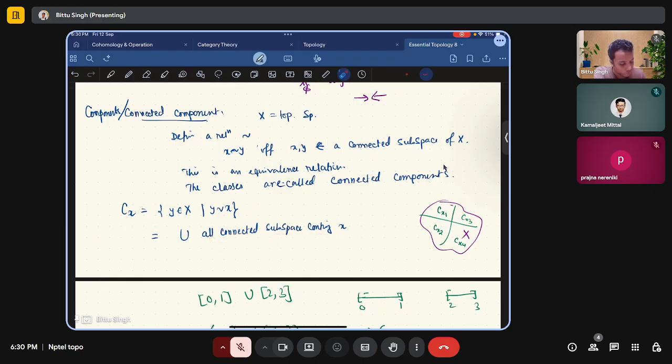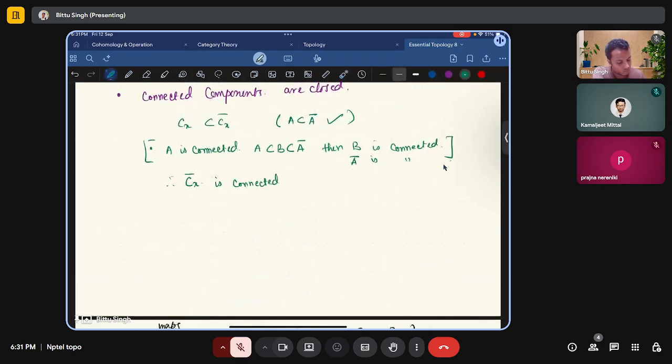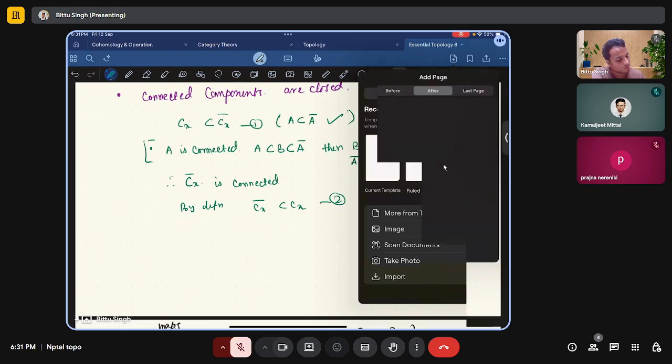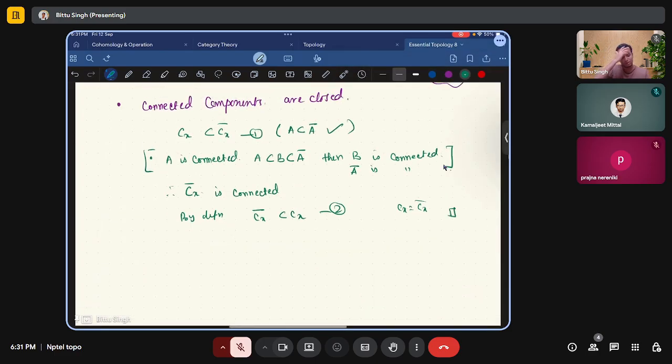That means Cx bar must be contained in Cx, because Cx bar is one of the elements of the union, right? And by definition, Cx bar contains Cx. So from these two, we get Cx equals Cx bar. That is, connected components are closed. From here, it is clear.